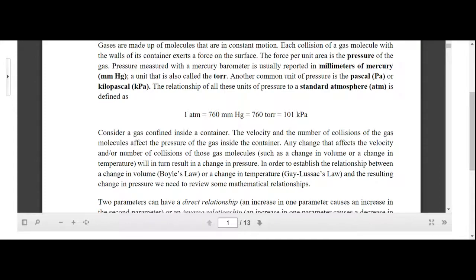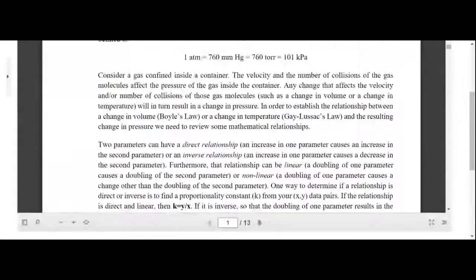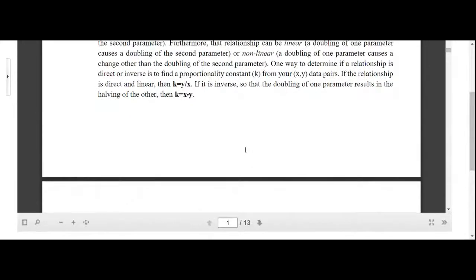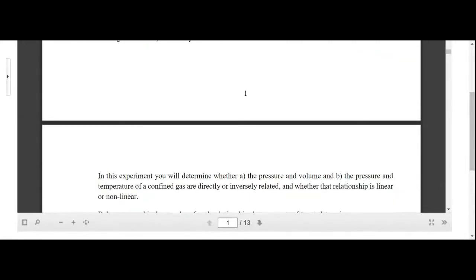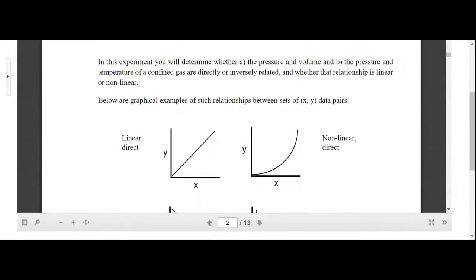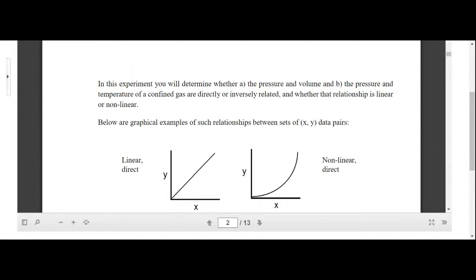The Gay-Lussac law shows the relationship between temperature and pressure. When the temperature goes up, pressure goes up. What is causing the pressure? What's the definition for pressure? The definition for pressure is force over area.